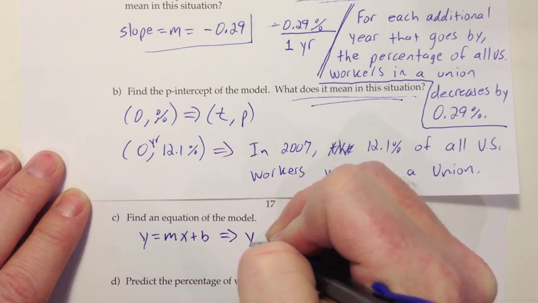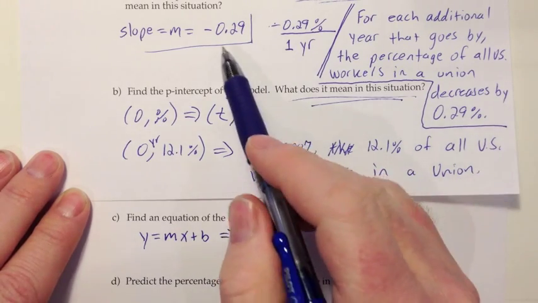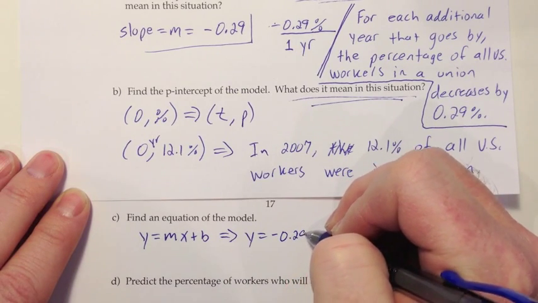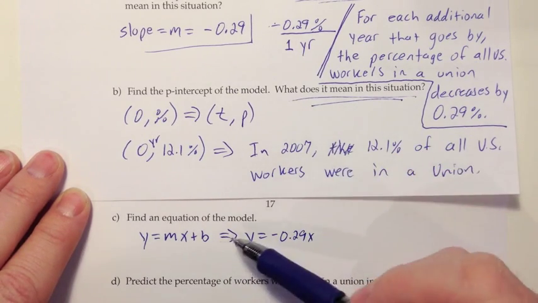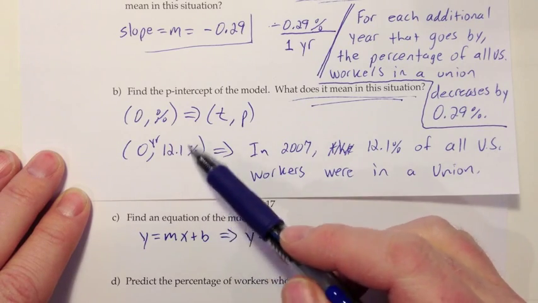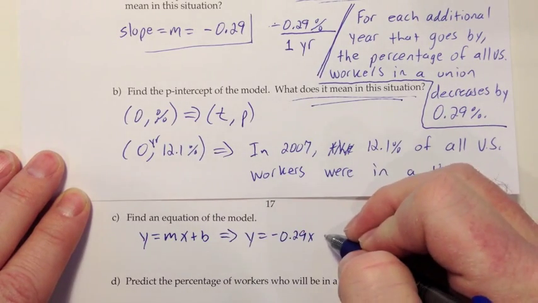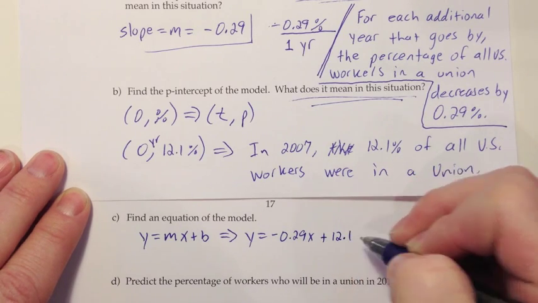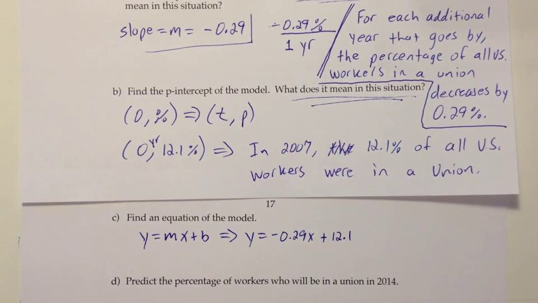So I can say y equals, and then instead of mx, I'll put negative 0.29x, and then instead of the plus b, I'll put the y-coordinate of the y-intercept, which is that 12 plus 1, or 12.1, so I'll put plus 12.1 right there. And that would be the equation of the model.